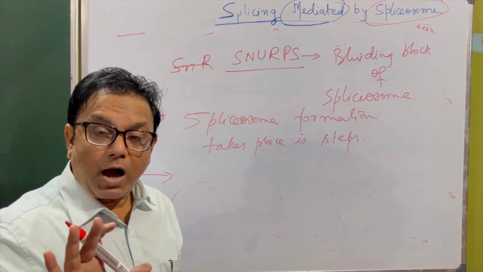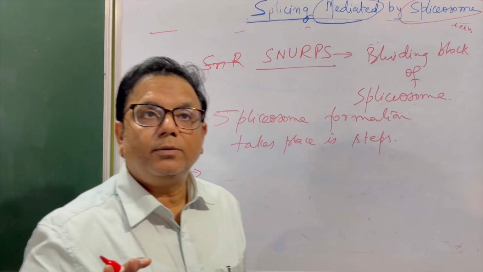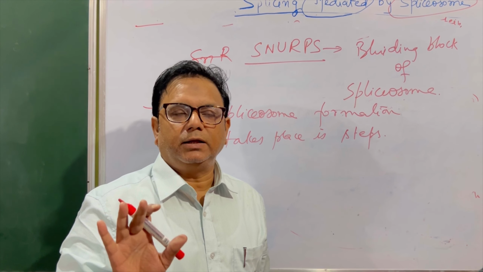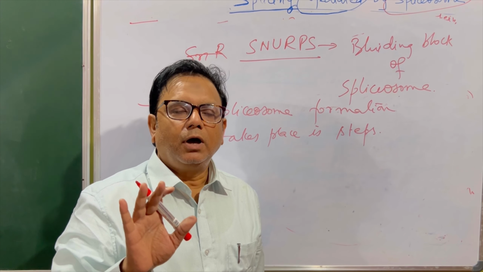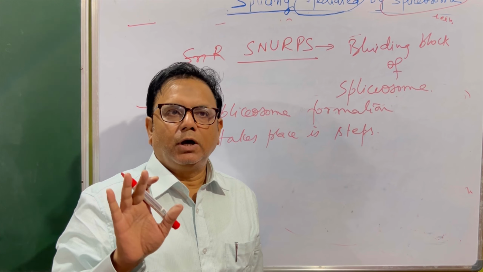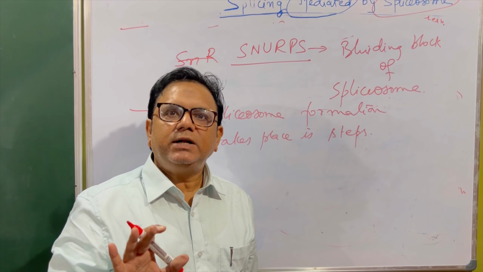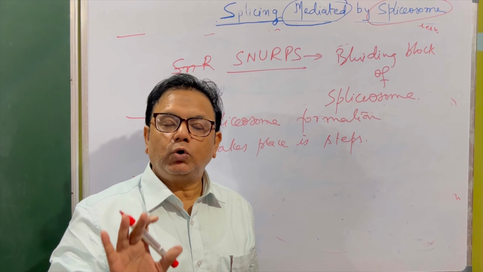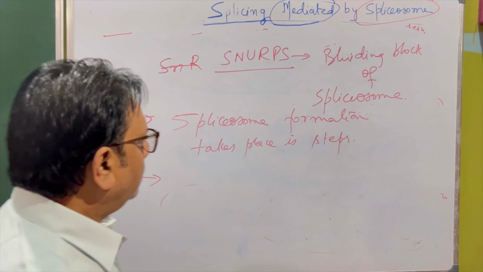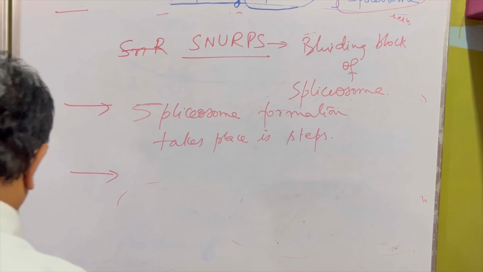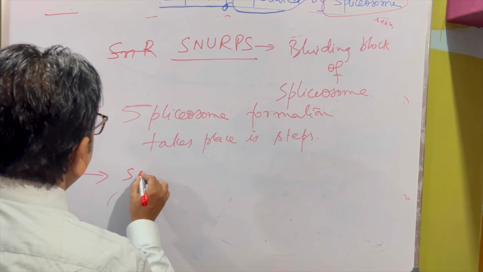These five snRNAs, that is U1, U2, U4, U5, U6, are abundant in the eukaryotic nucleus. Now, let us talk about the other ones.